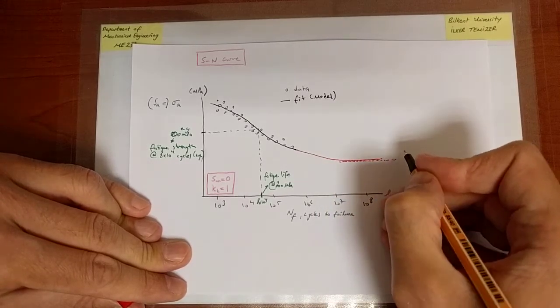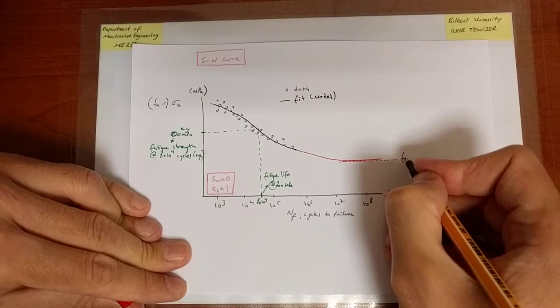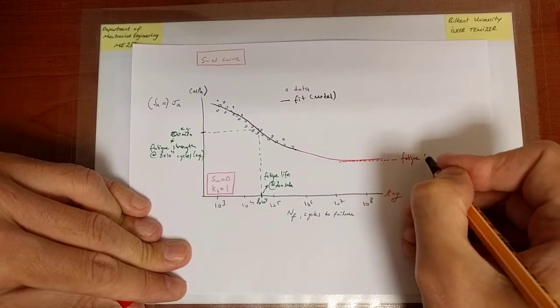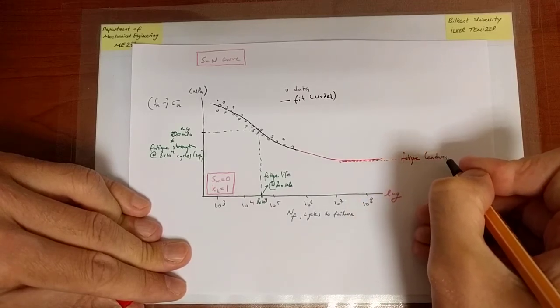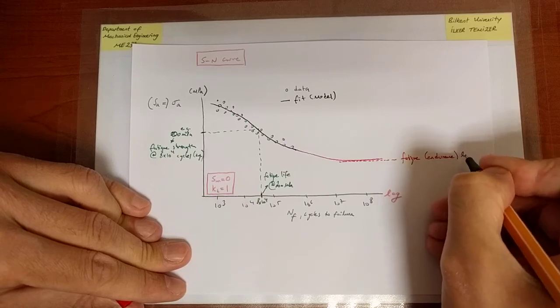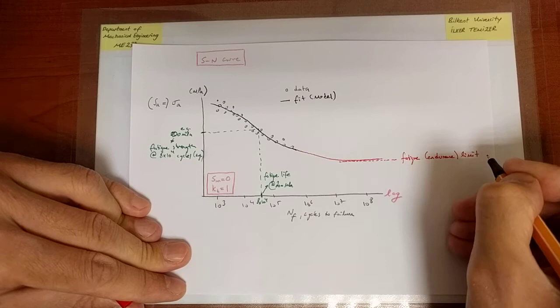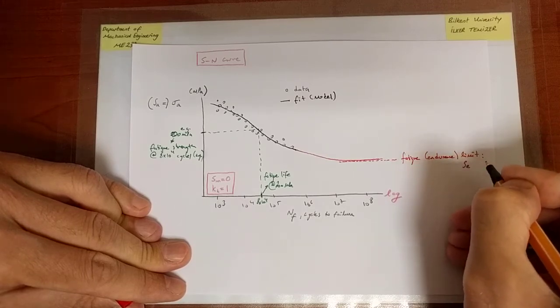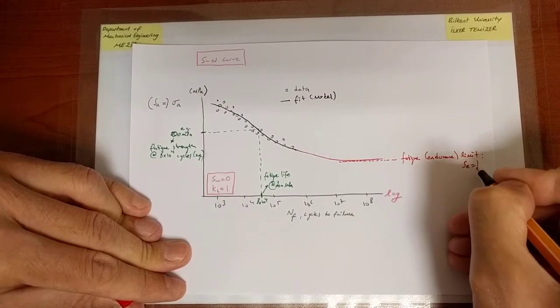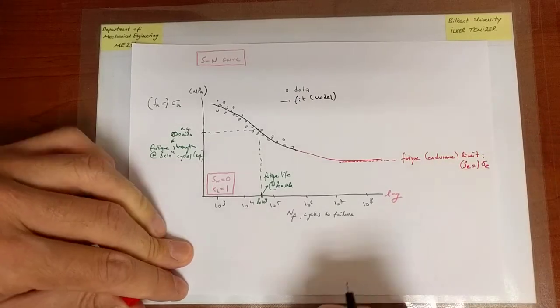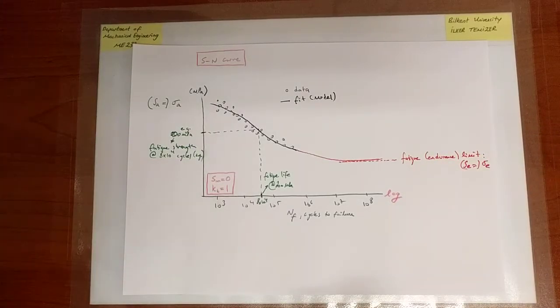That value is called the fatigue, or sometimes the endurance limit. And associated with that, it's usually called S_E, or sigma_E.